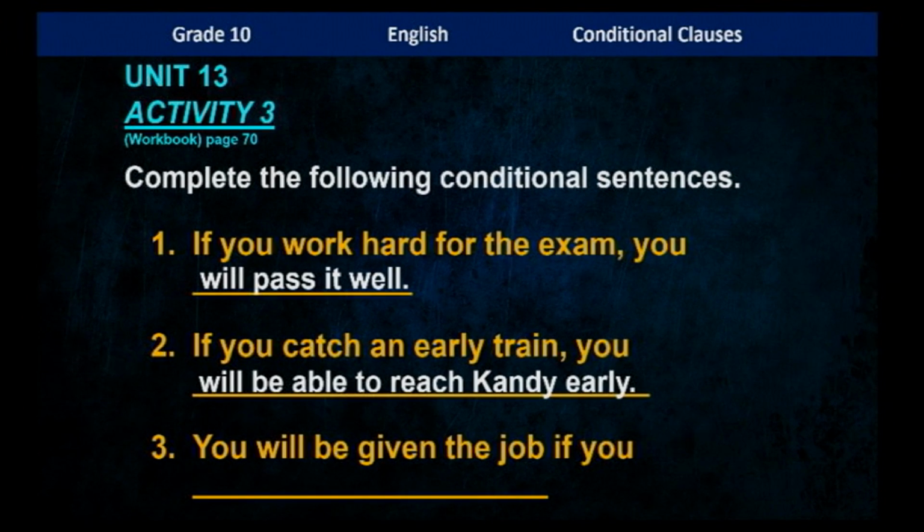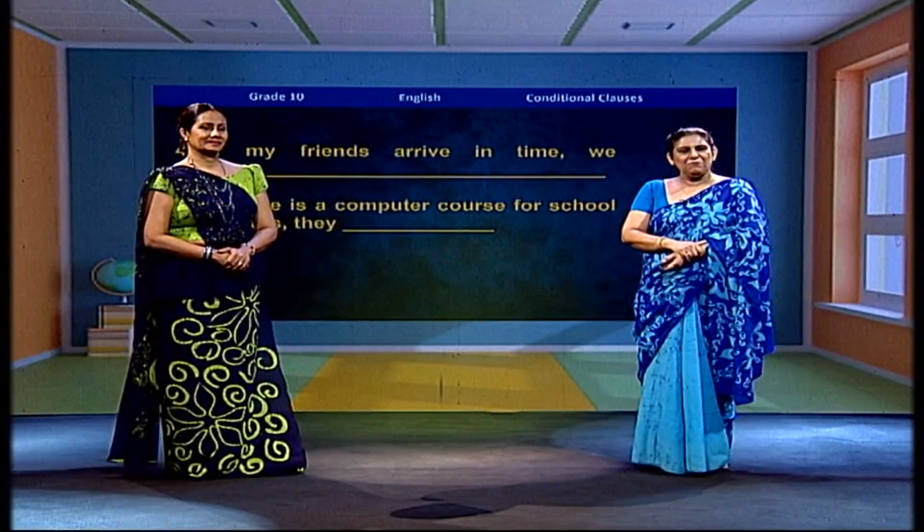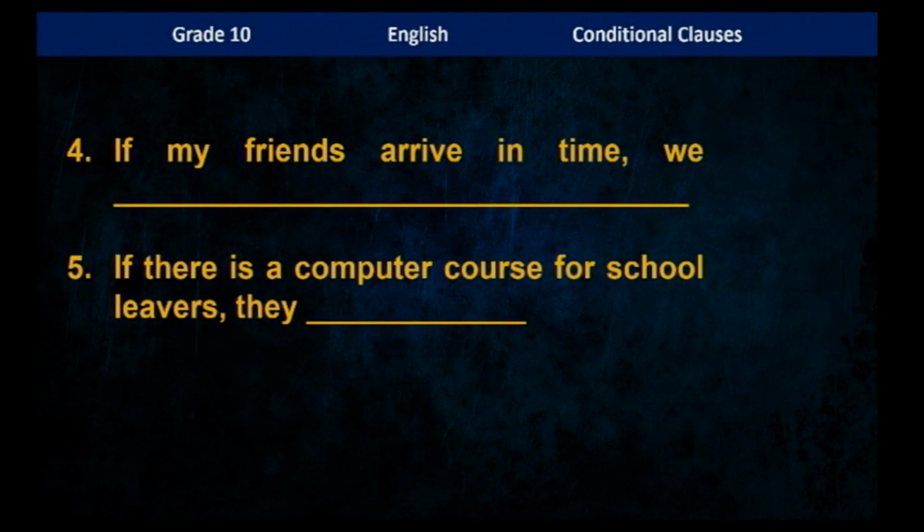Third one, you will be given the job if you, when will you get a job? If you face the interview well. You will be given the job if you face the interview well. The fourth one, if my friends arrive in time, we.